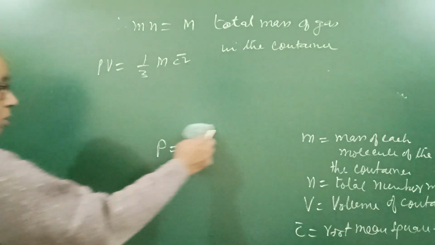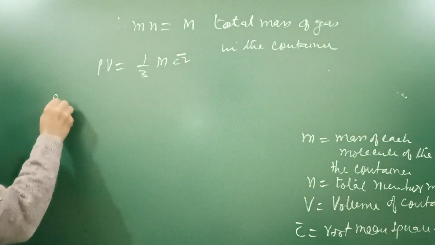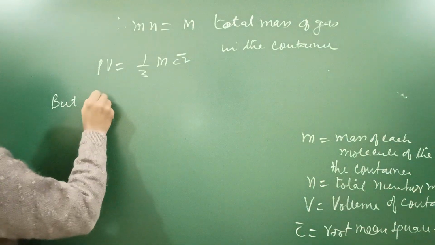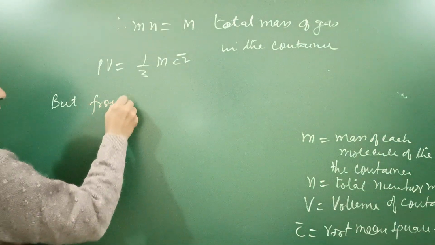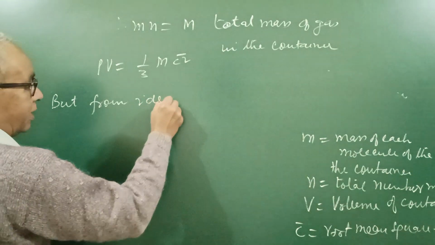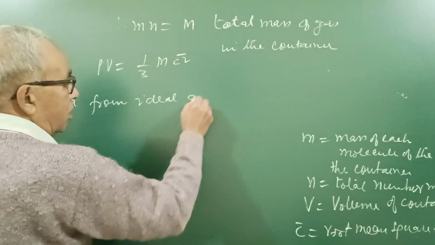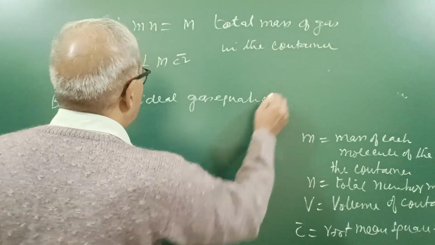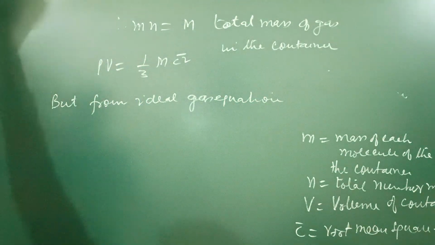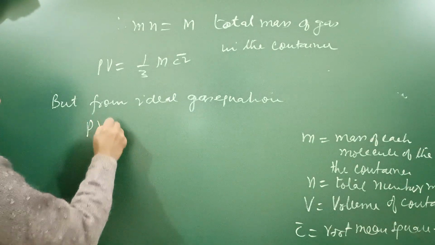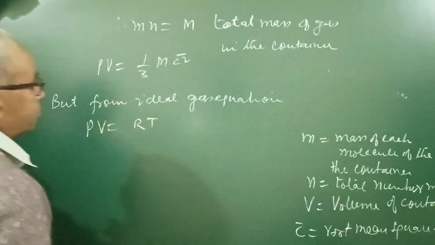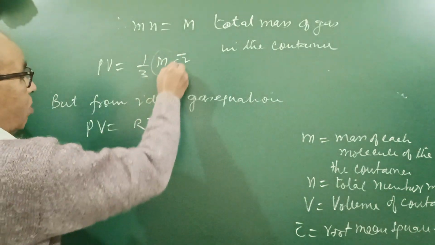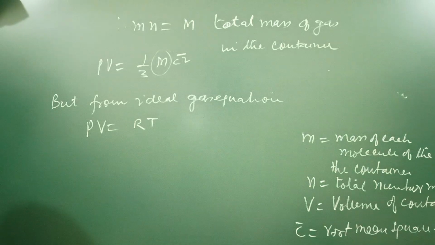But from the ideal gas equation, we have learned PV equal to RT for 1 mole, and let this mass be equal to 1 gram molecular mass.